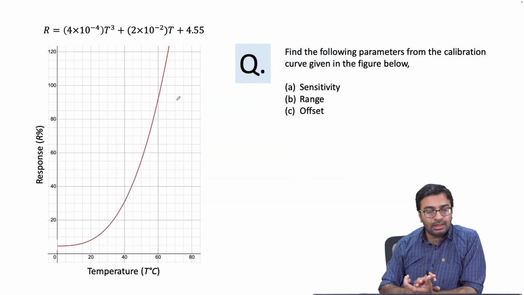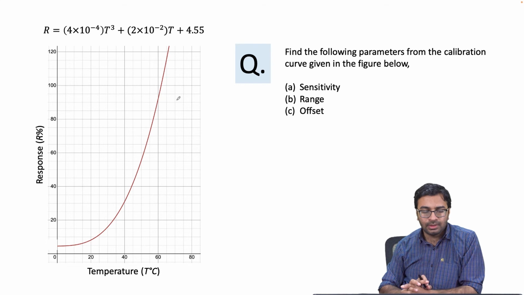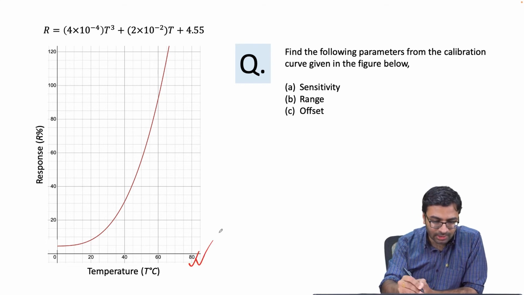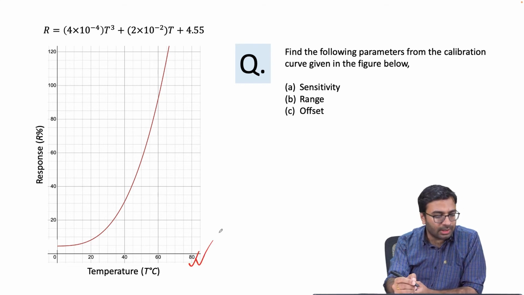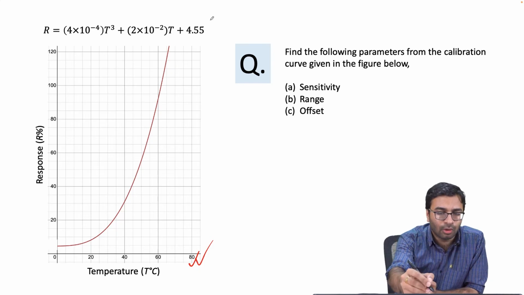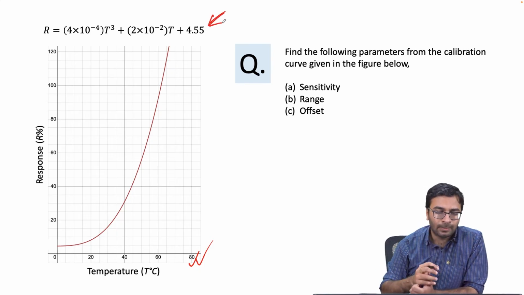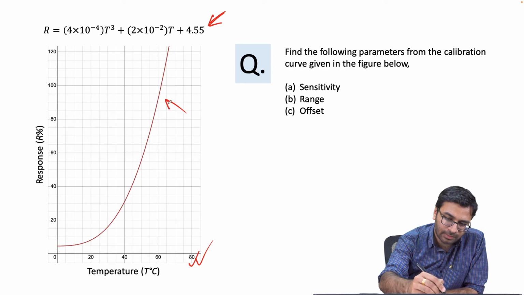Similarly, let us see a response which is non-linear. Say in this case, you have a temperature sensor where the response is non-linear and follows this polynomial equation, and the curve looks like this.